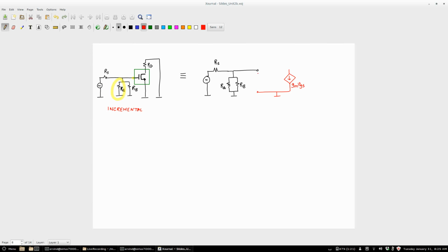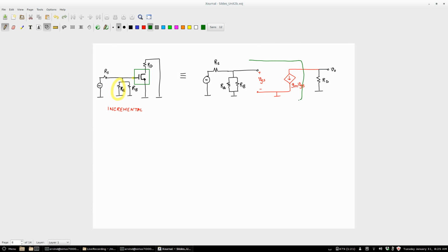So the thing should be replaced by, what should replace it? That is the same, and that is also connected to ground, and on this side I have a current source. What's the value of that current source? GM VGS. Where is your VGS? This is your VGS, correct?